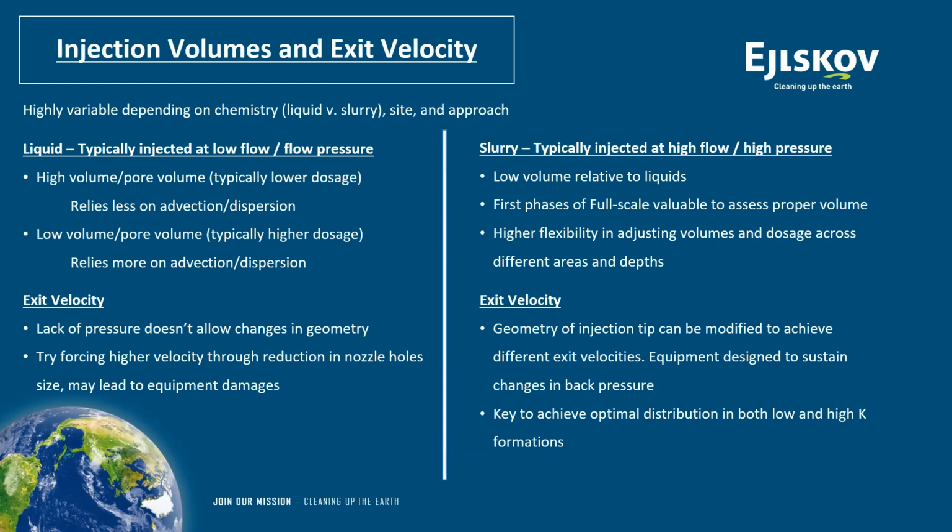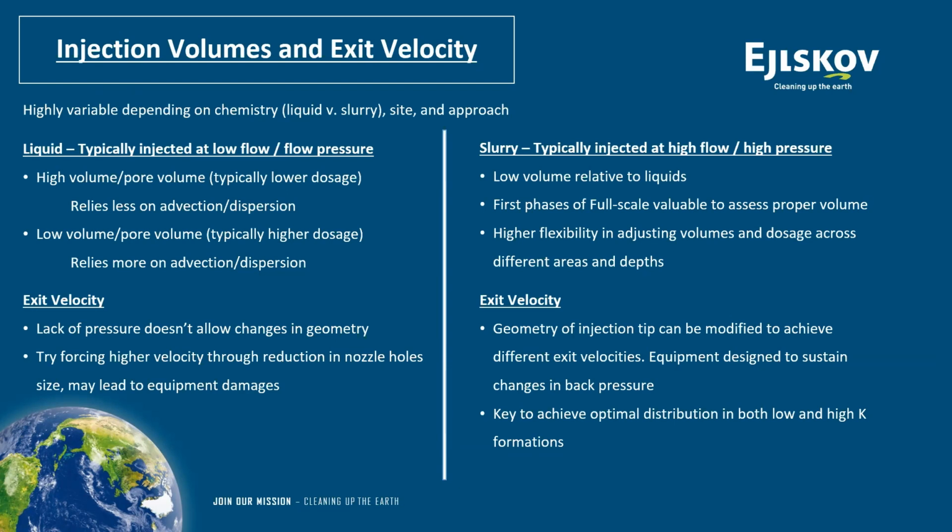Yeah. So when it comes to liquids, you can really apply these in two different ways. You've got your high volume, high percentage pore volume, typically at a lower dosage. This relies less on advection dispersion, but you spend more time in the field pumping, right? And so there's a trade-off, obviously, with the low pore volume, which is going to be a higher dosage.